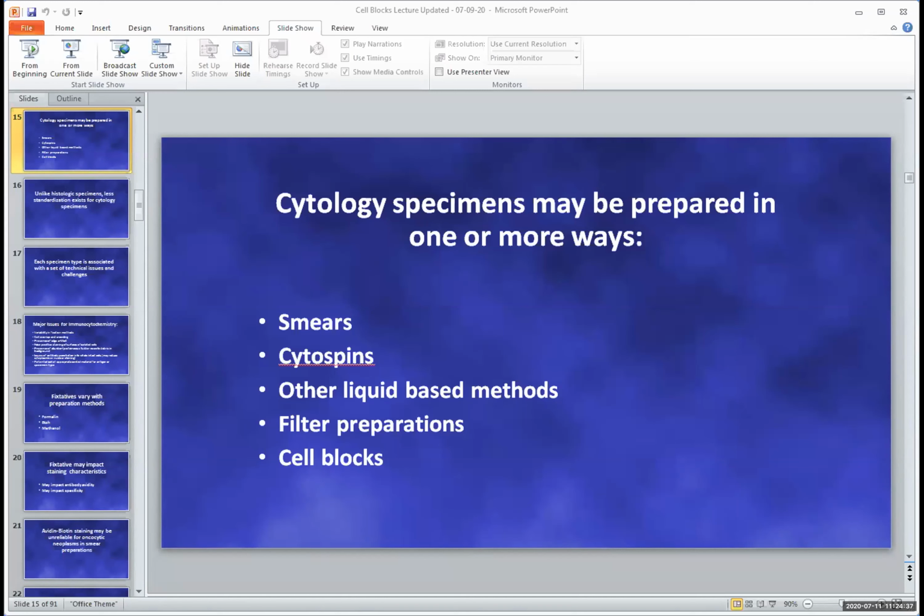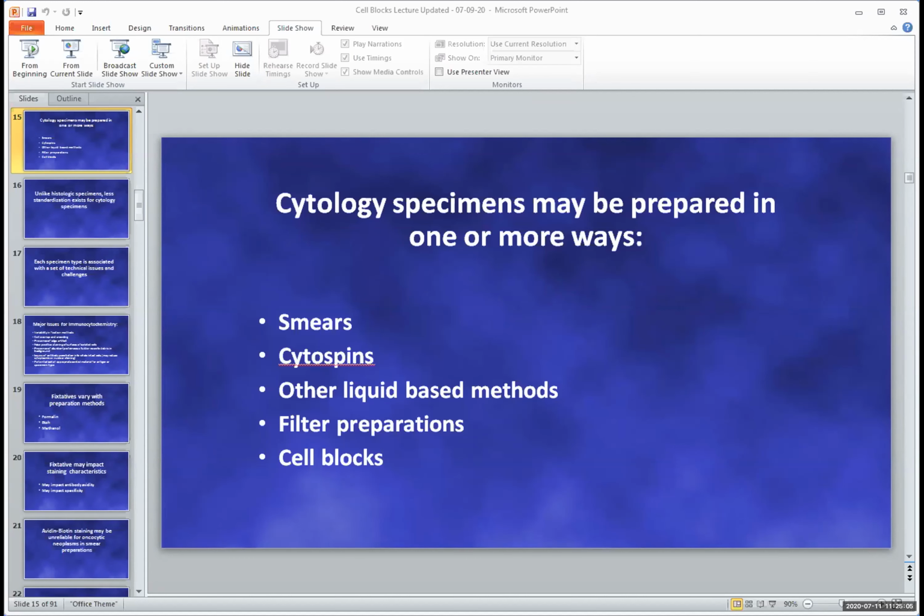I prefer air-dried Diff-Quik or Romanovsky stain material, especially when I'm doing rapid on-site evaluation, and a lot of my material goes to smears. But the minute I feel that they are in the lesion and I can recognize a difficult differential diagnosis, I will get additional material for cell block preparations.